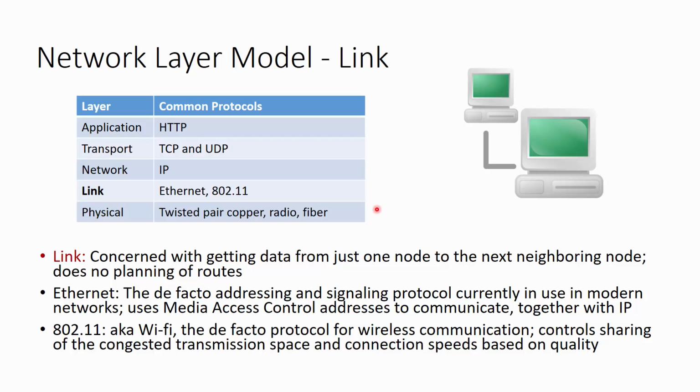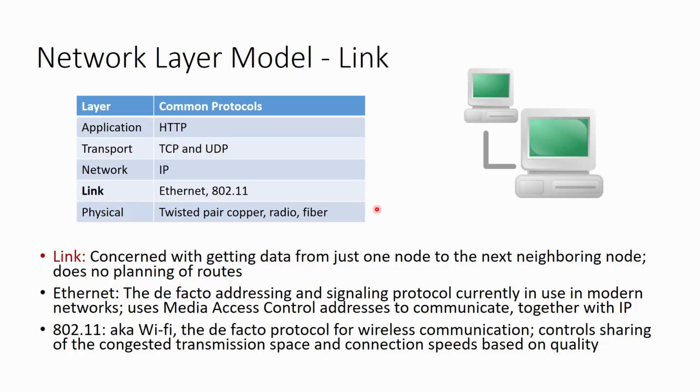Ethernet is our de facto method for addressing and signaling across whatever type of network we're talking about, whatever type of physical connection we're talking about. And it's going to use something called media access control to communicate with IP. They work pretty closely together. So the link layer, again, is just for that direct connection between two devices, and it controls how they signal and talk to each other.